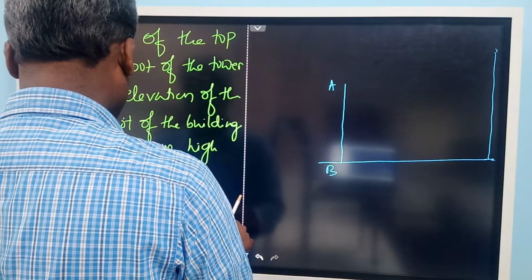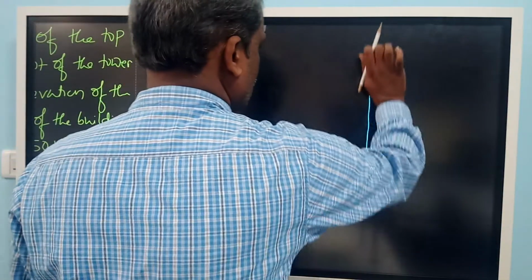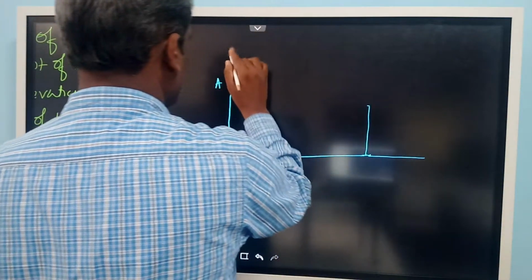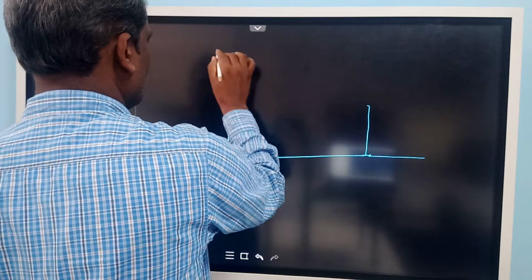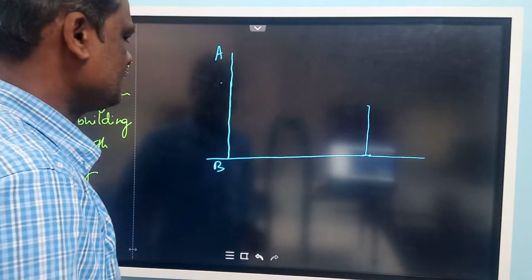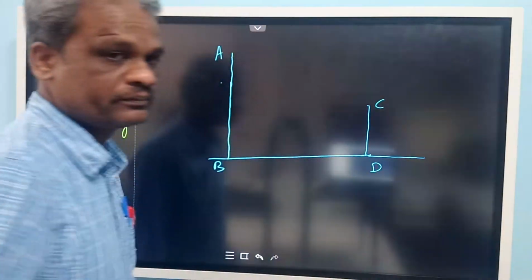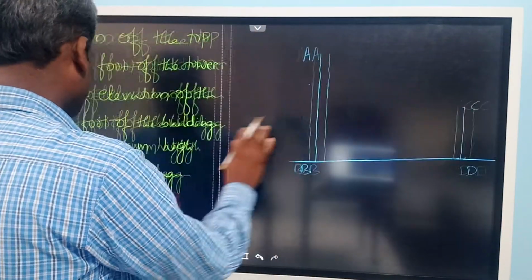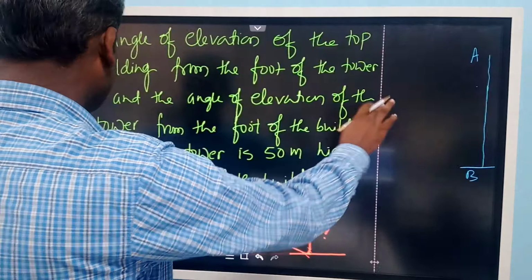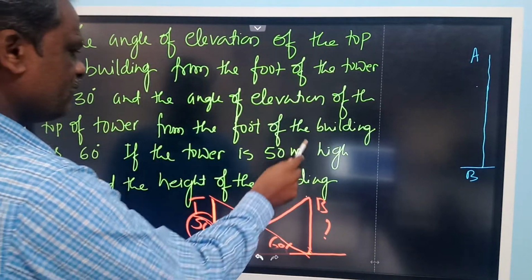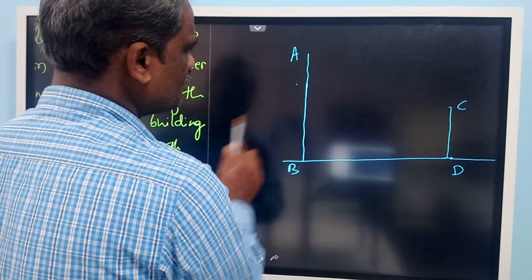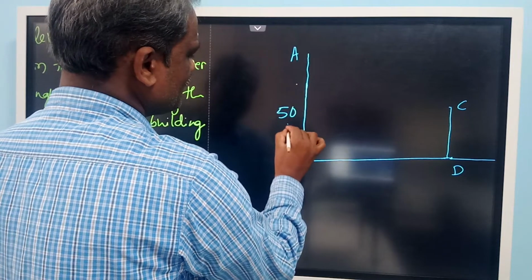This CD is the height of the building. AB is the height of the tower, which is given as 50 meters. So AB is equal to 50 meters.